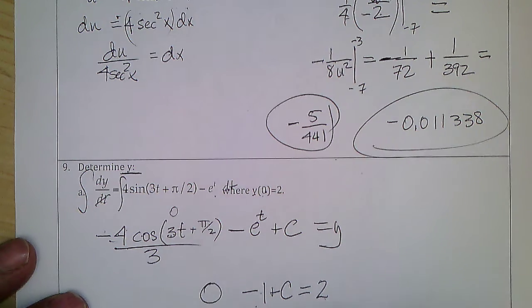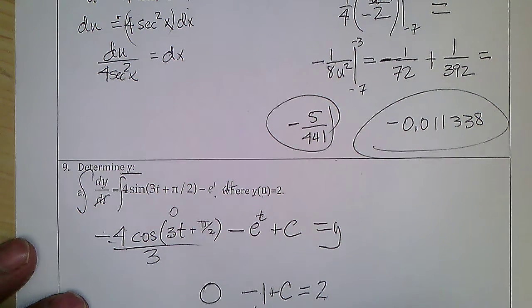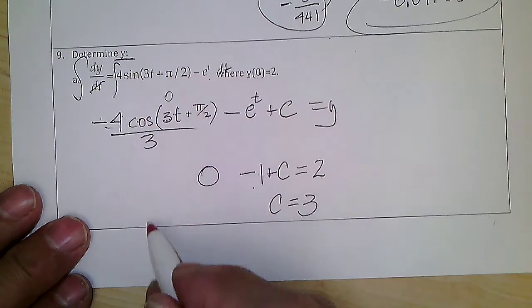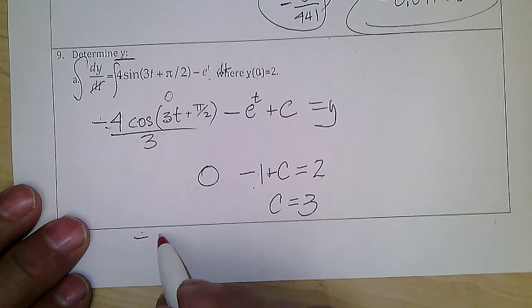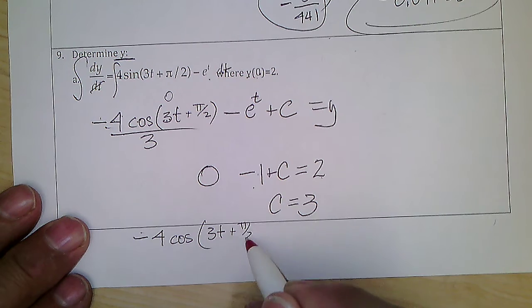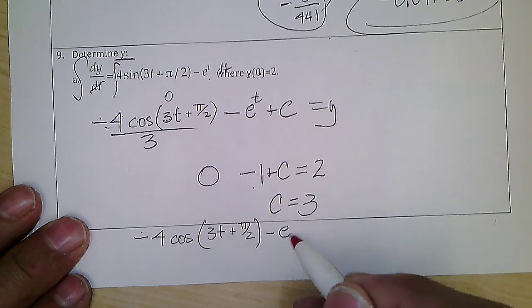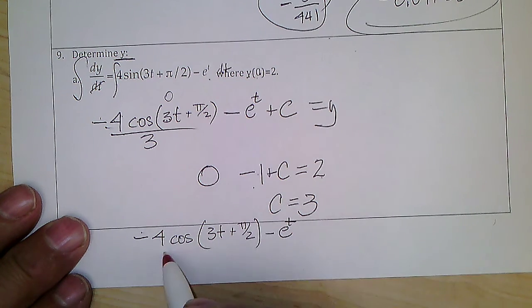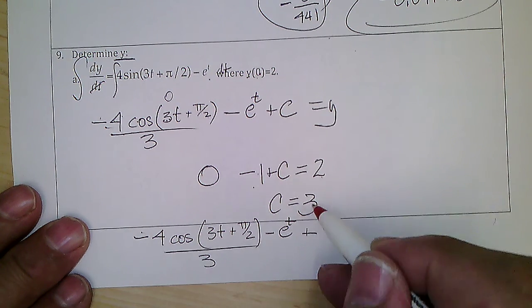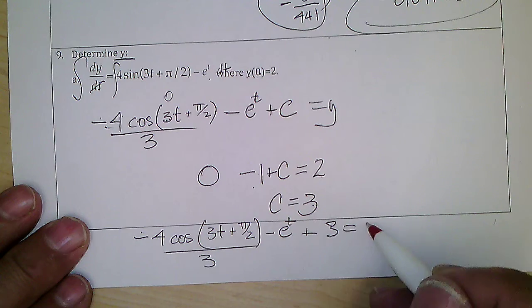So if I add 1 to both sides, I get c equals 3. So finally, my equation would be minus 4 cosine 3t plus pi over 2 minus e to the t, and this is over 3, plus c, which is 3, equals the y.